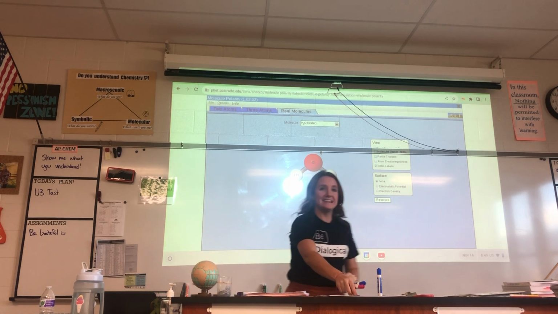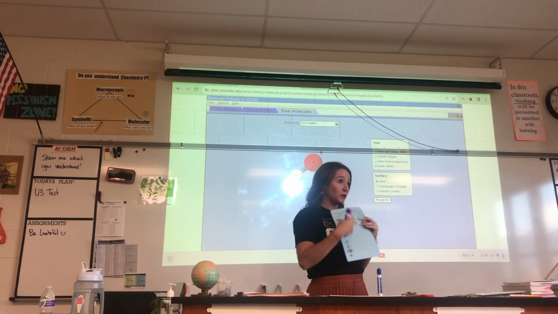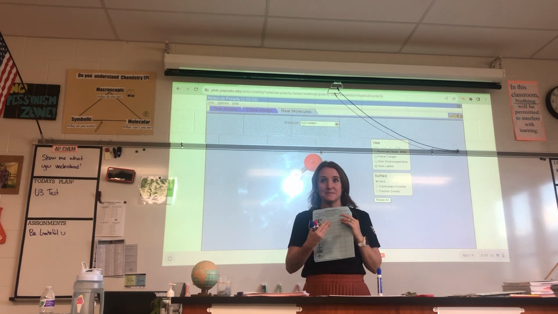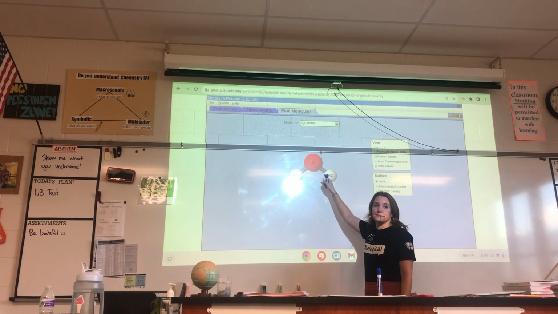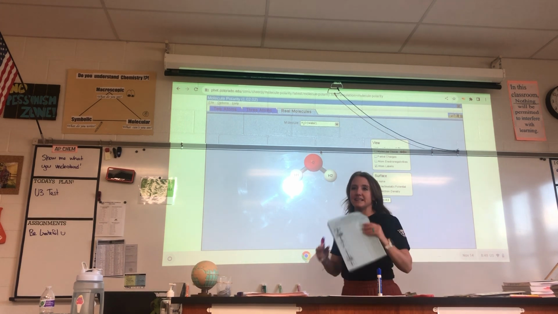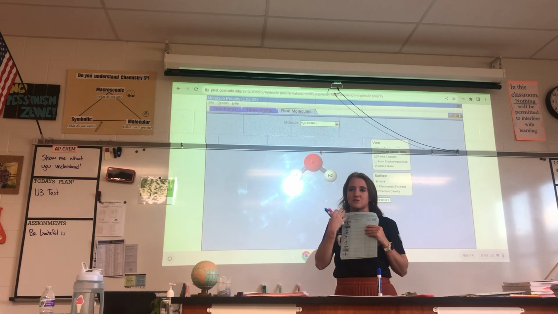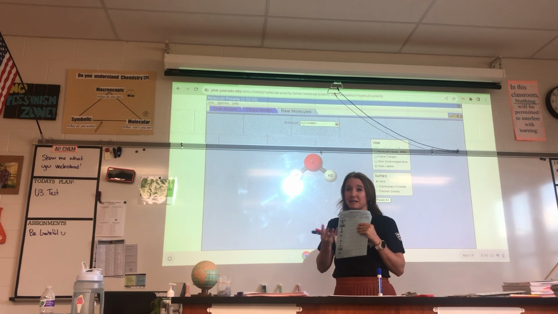So on this side of the paper, everybody, because it's showing you the 3D models, lone pairs are ghosts, and you can't see them. But we know if it's bent, the only way it's bent is because of the lone pairs. So keep that in mind. On this side of the paper, the lone pairs are actual ghosts, and you won't be able to see them, but by the shape, you should be able to predict they're there.